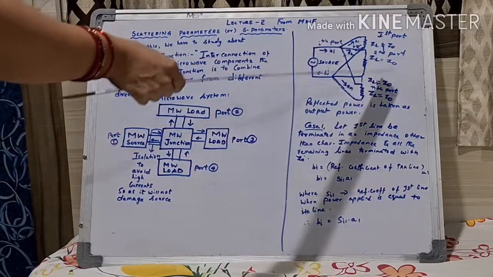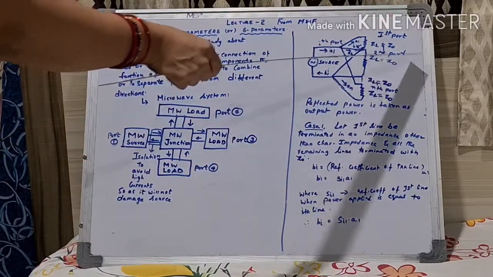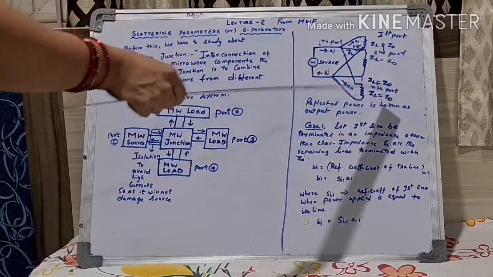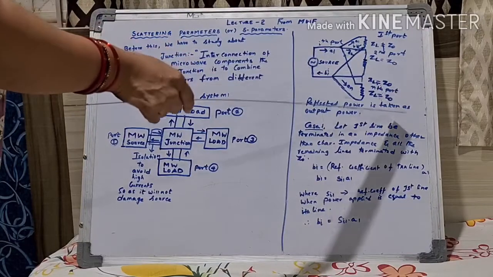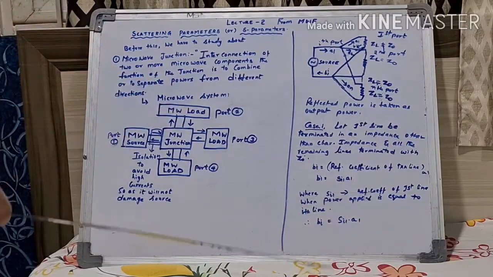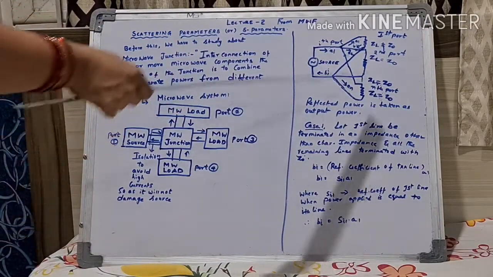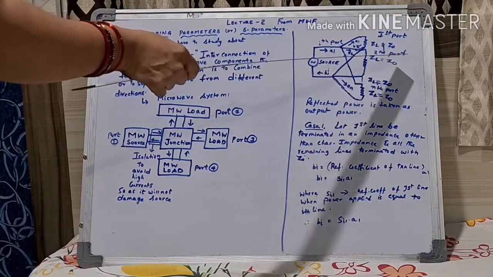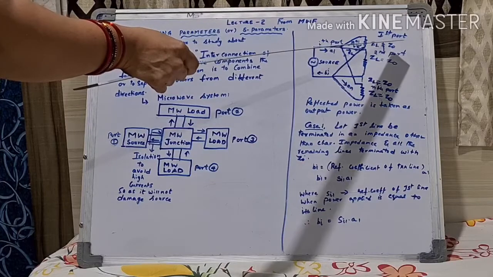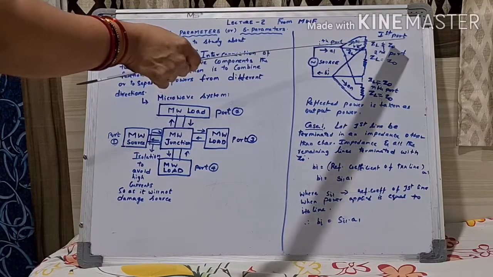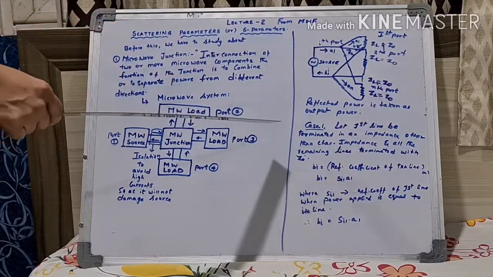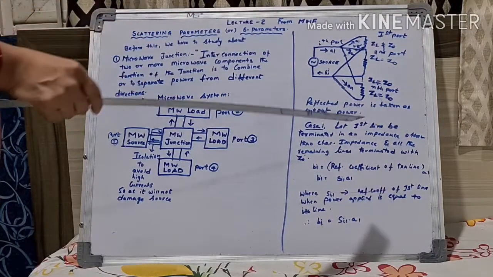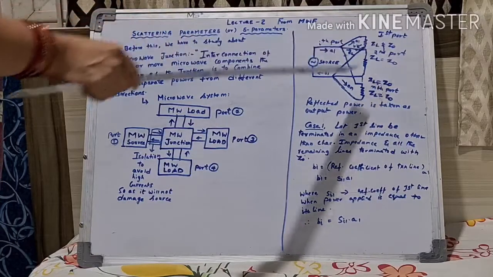The remaining lines, from the second port to the nth port, all these n-1 lines, are terminated in the characteristic impedance Z0, so they are matched and there will be no reflected power. Only at the first line there will be reflected power, because it is not matched.